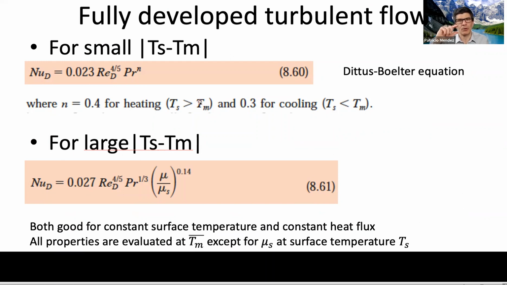When you're heating up, the flow against the wall of the pipe is going to be hotter, therefore less viscous. When you're cooling down, the flow against the pipe is going to be colder, therefore more viscous. So this change in exponents is trying to anticipate what effect this temperature gradient is having on the boundary layer because of the changes in viscosity. So if we're heating the water, which was at room temperature, we would use an exponent of 0.4.